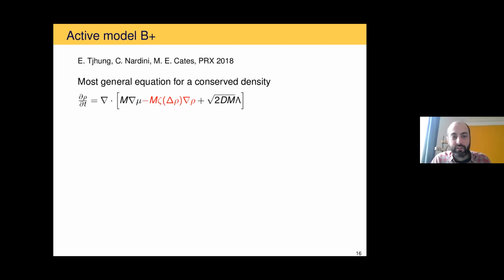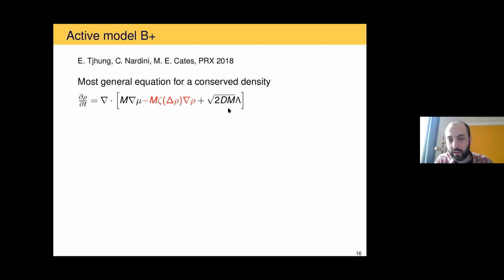So they realized that if you want to write the most general equation for a density field, you get this thing. Compared to what I had before, the m grad mu, you can have one additional term here in red that you cannot write as the gradient of a chemical potential.